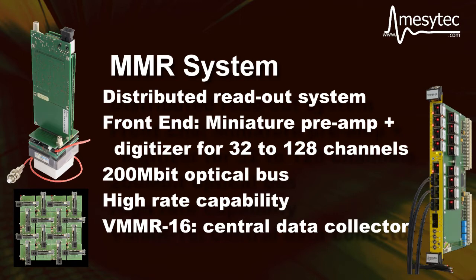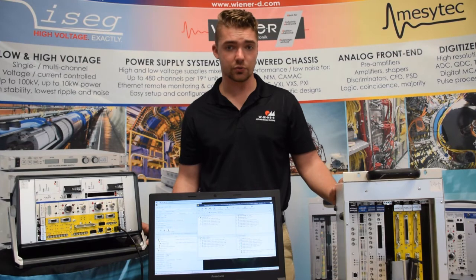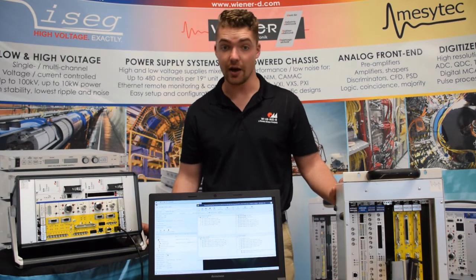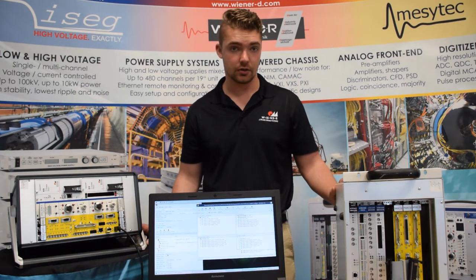The timestamp, trigger and data are transmitted via 200 megabit optical bus to the central data collector module. The VMMR16, which serves 16 optical buses, performs trigger coincidence matching and the event building. Many of these VMMR modules can be synchronously read out in one VME crate, thus allowing for thousands of channels.